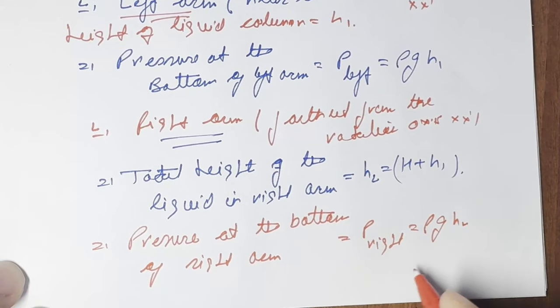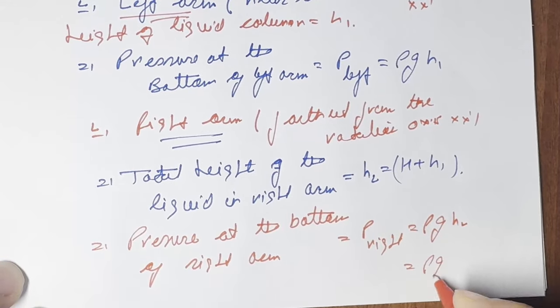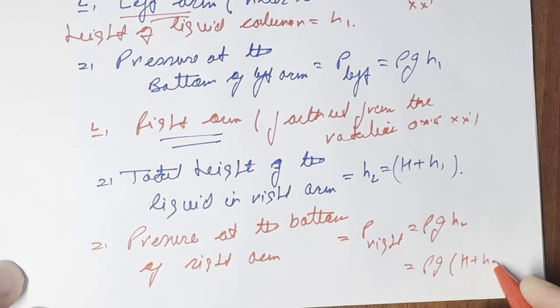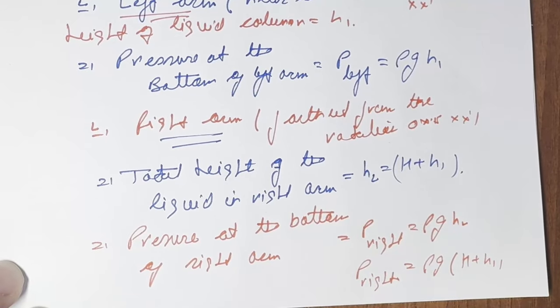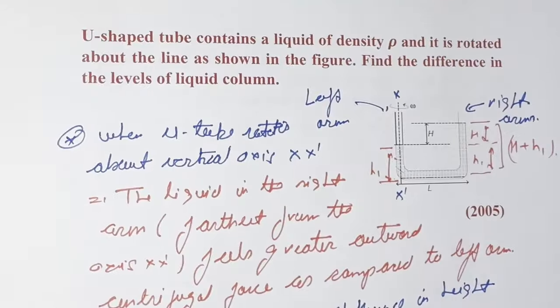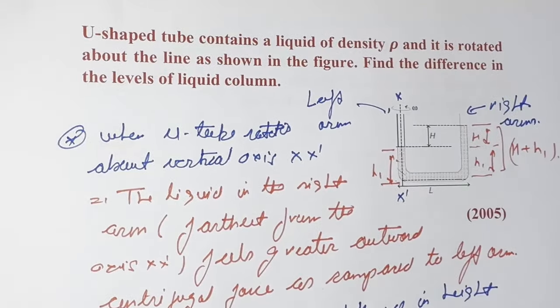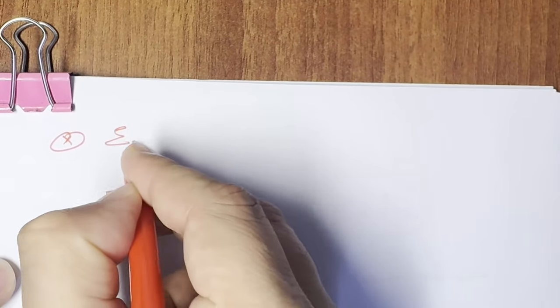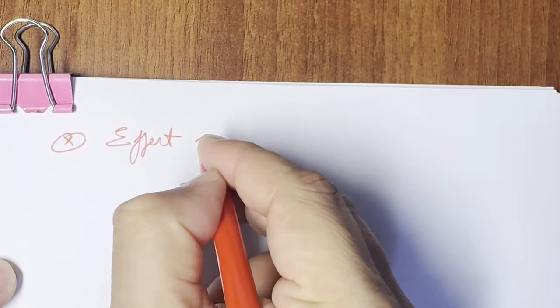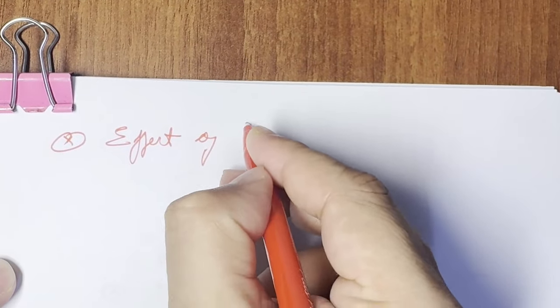Substituting the value of h2, we get rho g (H plus h1). This is our pressure at the bottom. Now, the effect of the centrifugal force, because the centrifugal force is going to further create the difference in height.